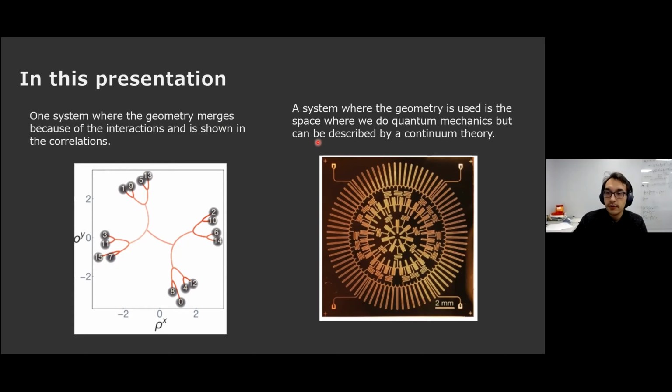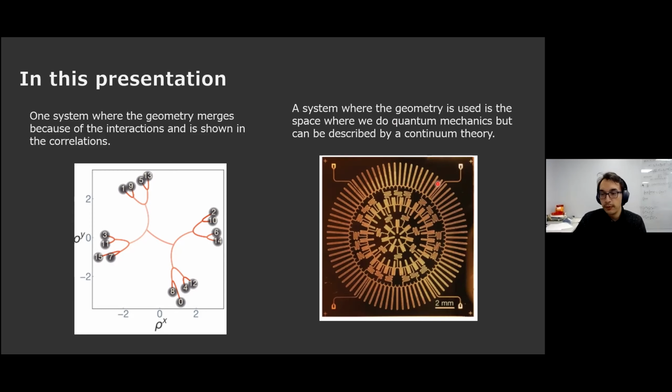And the second one, which will be kind of the bulk of the talk, is going to be the analysis of a system composed of superconducting circuits, so it's like circuit QED, arranged in a very specific pattern that resembles the hyperbolic space in the Poincaré disk.